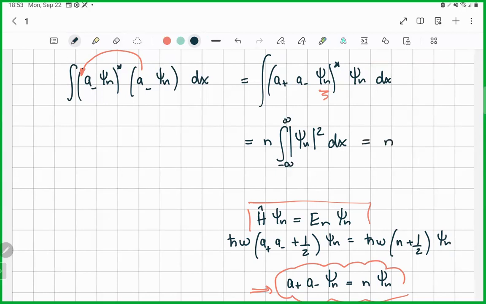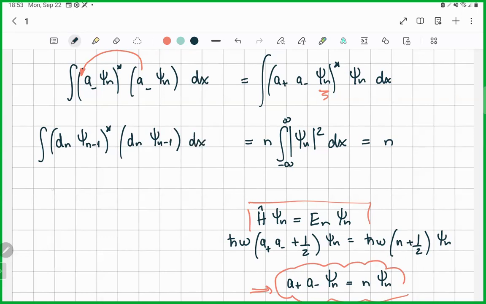Very good. On the left side now, as we had done before, we are going to substitute this by d_n ψ_{n+1}. Oh, sorry, if it's lowering, of course, it has to be minus, and the other one, d_n ψ_{n-1}.